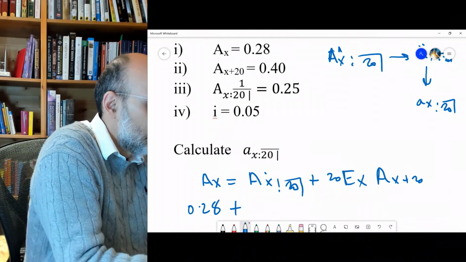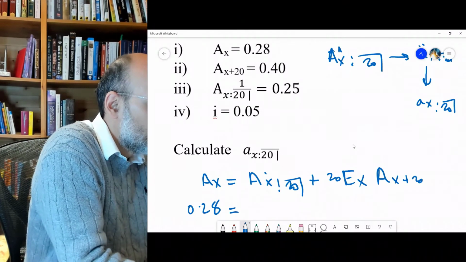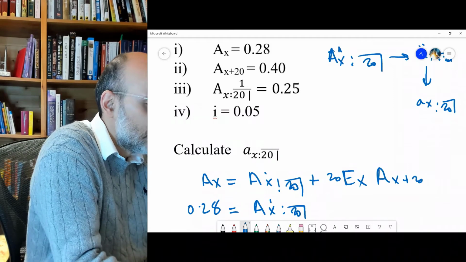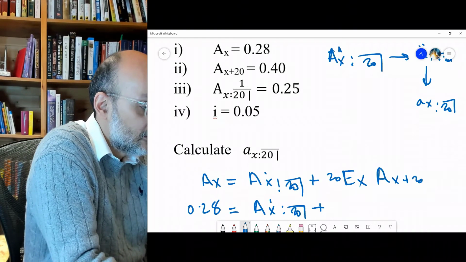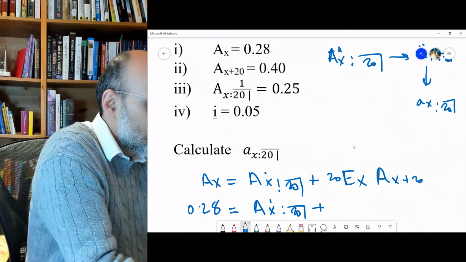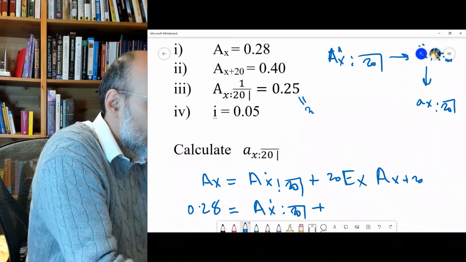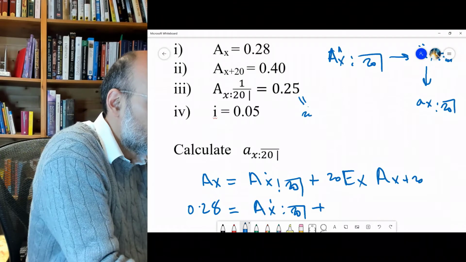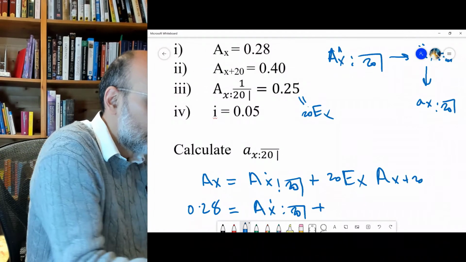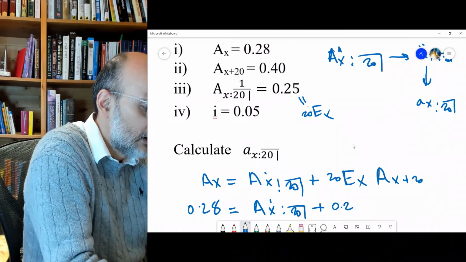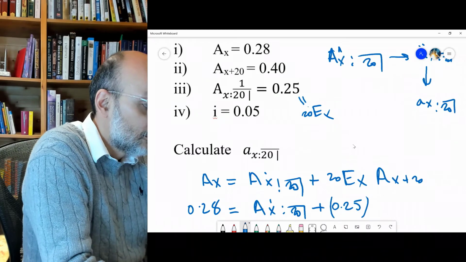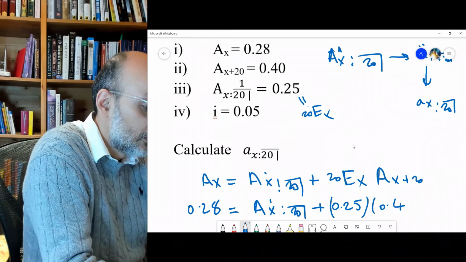You add this is what is missing, AX20. This is what is missing. Then 20 EX can be written 20 EX also. Same logic. So it's 0.25. AX plus 20 is 0.4.